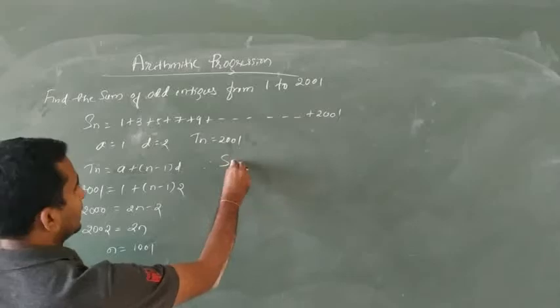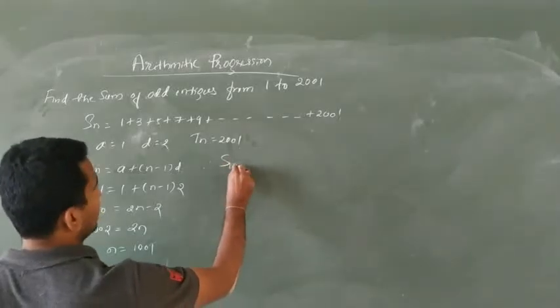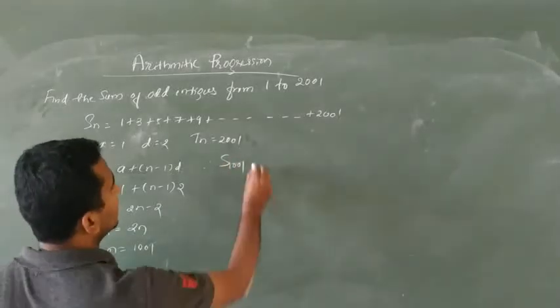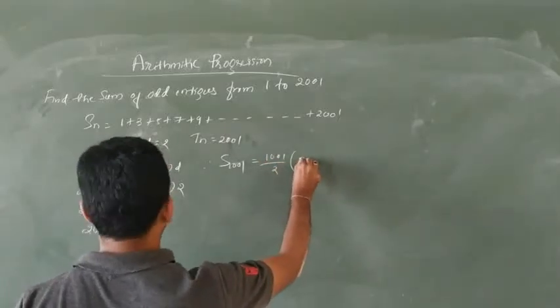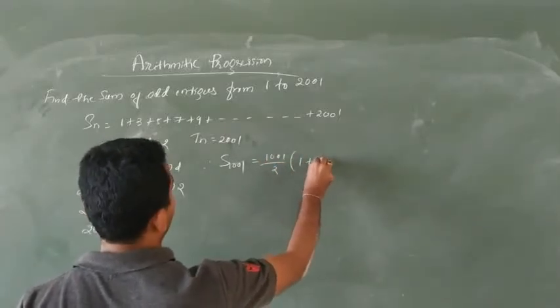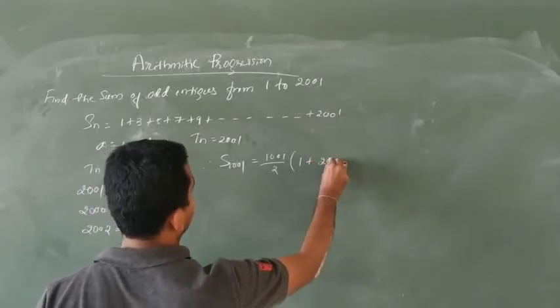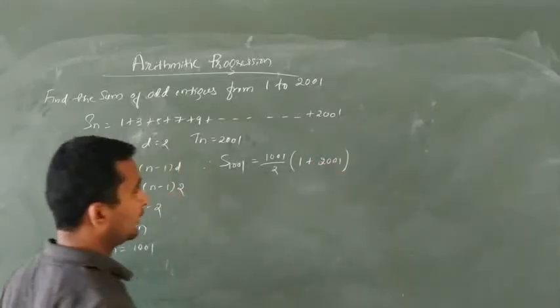Therefore, S of 1001 is equal to n by 2 times (A plus L), that is 1001 divided by 2. A is 1 plus L is 2001, the last term.